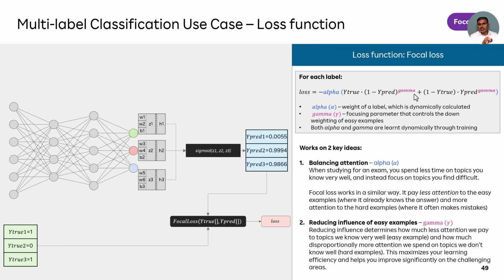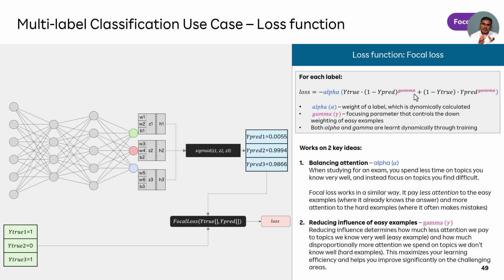As you can see, as you're training a neural network, because these are trainable parameters, both alpha and gamma are continuously learned. In addition to adjusting your weight and bias values during the propagation, you also adjust the alpha and gamma values. That's how they are learned as part of the training.